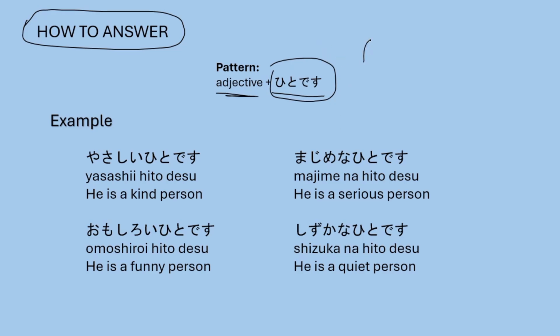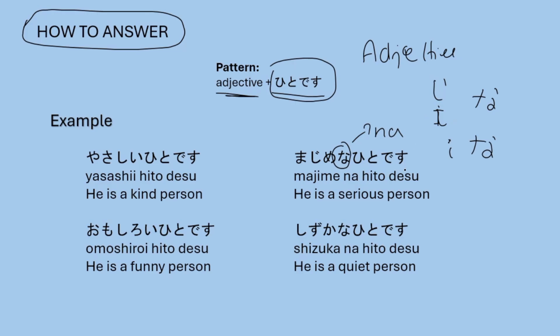I didn't explain adjectives to you, so you might see that there is a na here. Why do we add na? For an adjective which ends with i, we don't have to add na at the last. But if the adjective doesn't have i at the end, you have to add na to make the sentence.